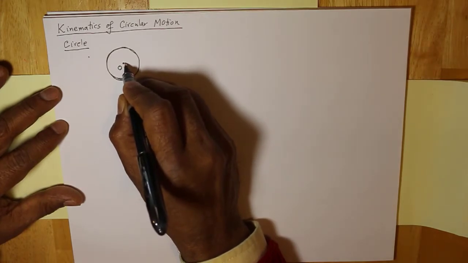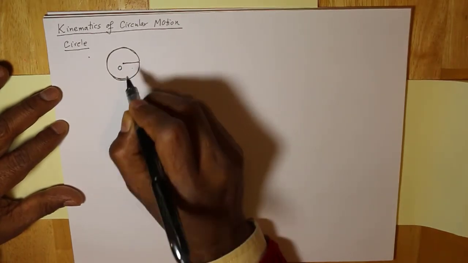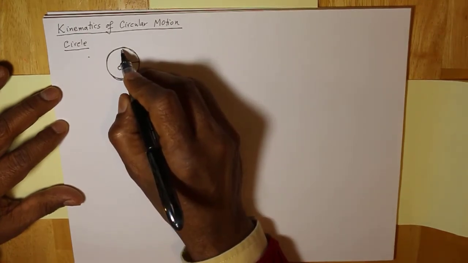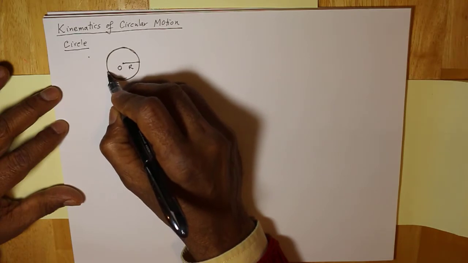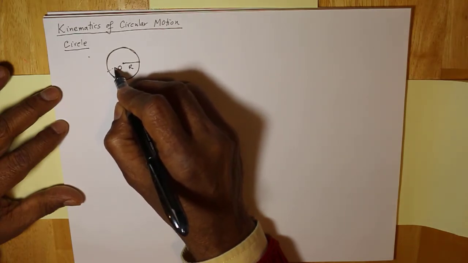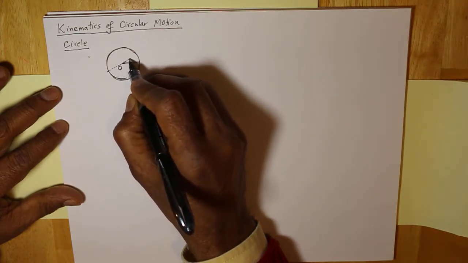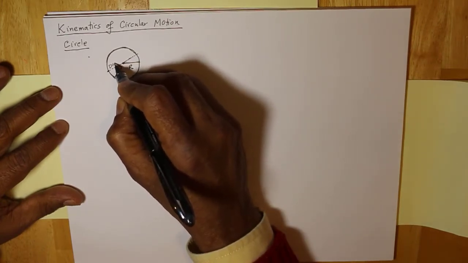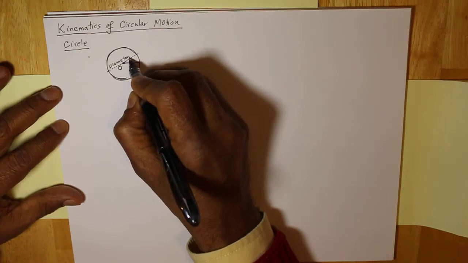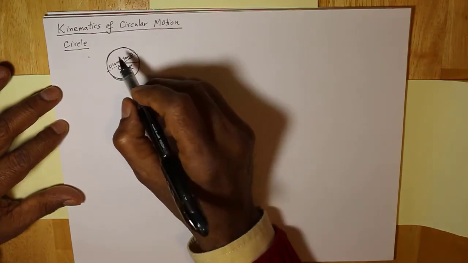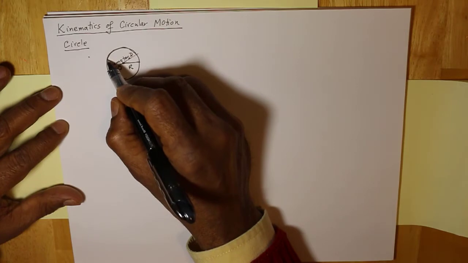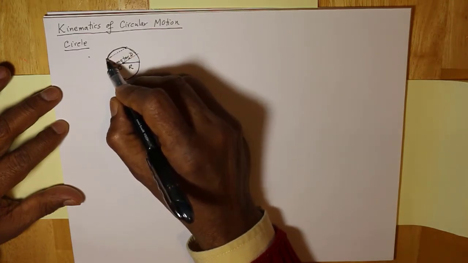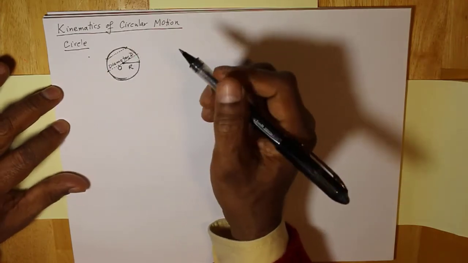So from O to any point on the circle, we call it radius. And if you go from any point on one end to another end of the circle through point O, this is diameter, and we will label it D. If you didn't go through O, but from some other point over to another point over here, that's not diameter, that's secant.